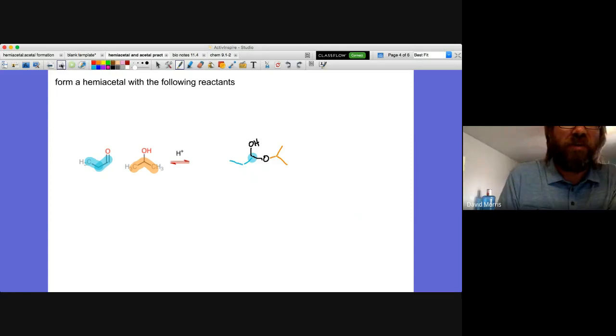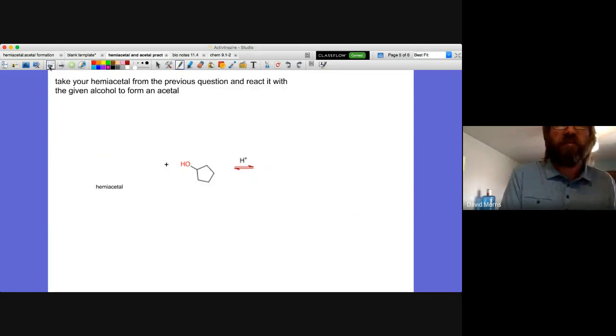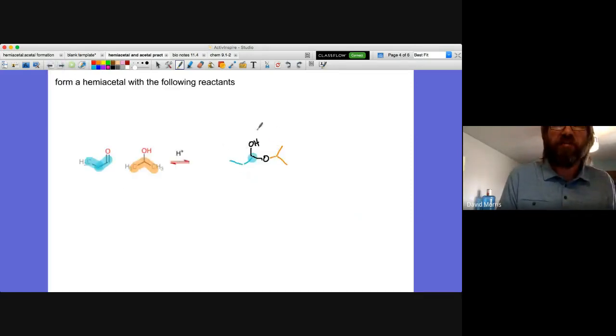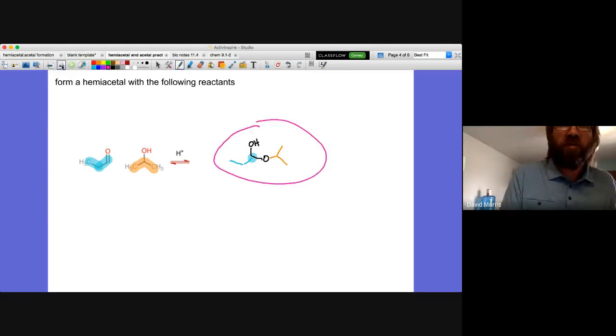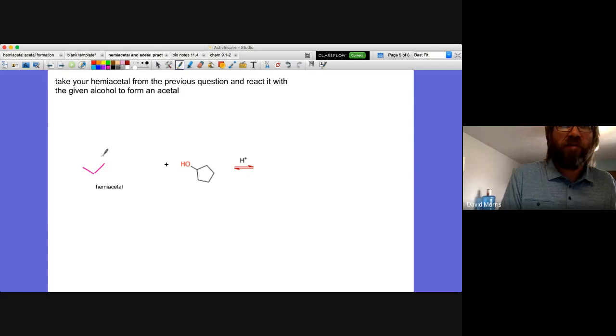If I do the next one, again, it's the same thing as before. I just wanted you to redraw this hemiacetal right here. So it had 3 carbons, a hydroxyl group, and an oxygen with an isopropyl hanging off of it.